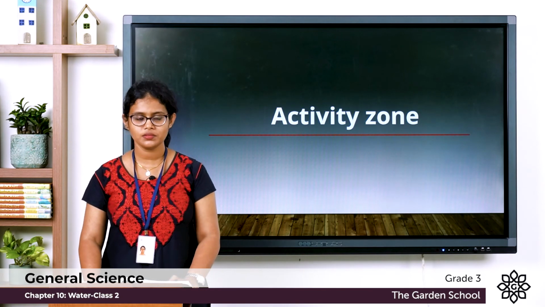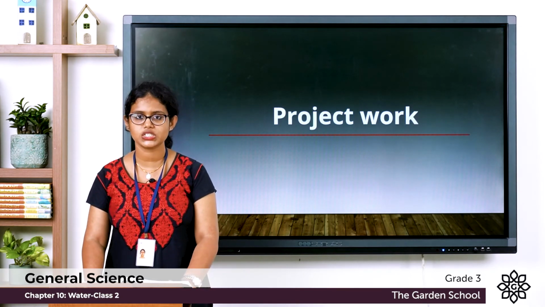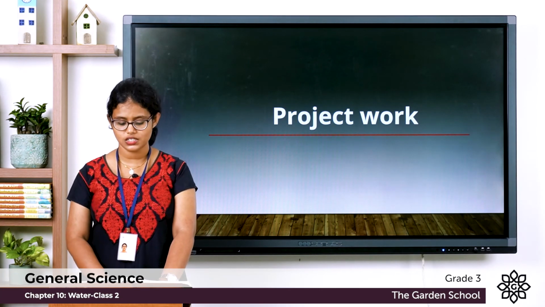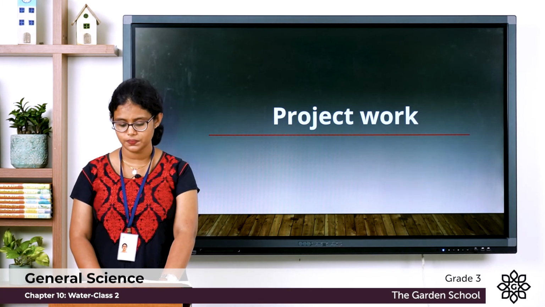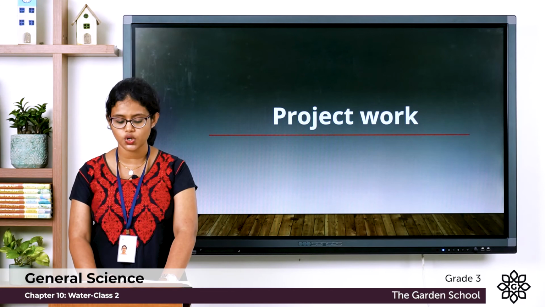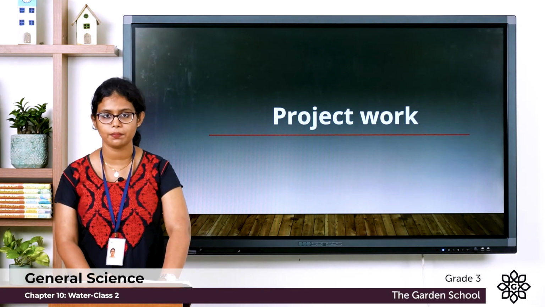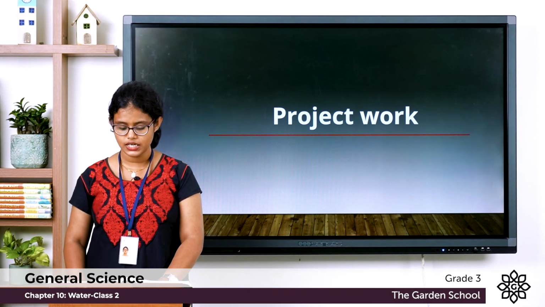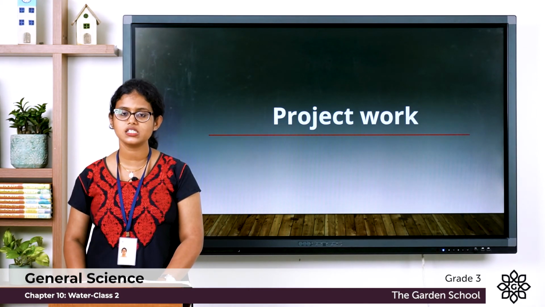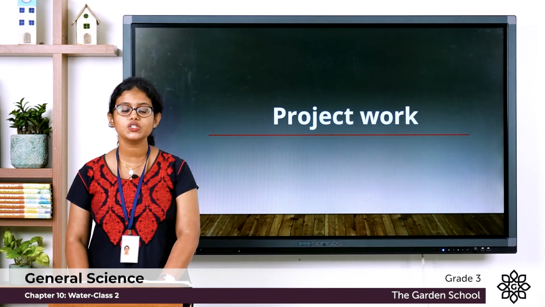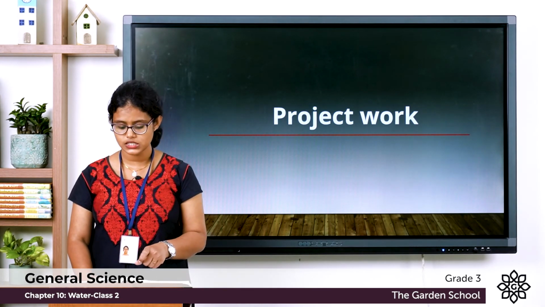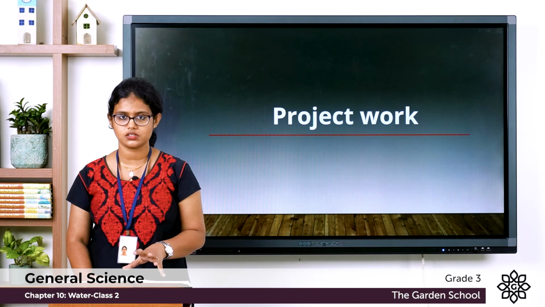Coming to the next one, project work. We all know many rivers flow across India. The major rivers are shown as blue dots in the map. If you closely observe this map, you can see the major rivers that are flowing. What you need to do here is name the rivers that flow in your state.